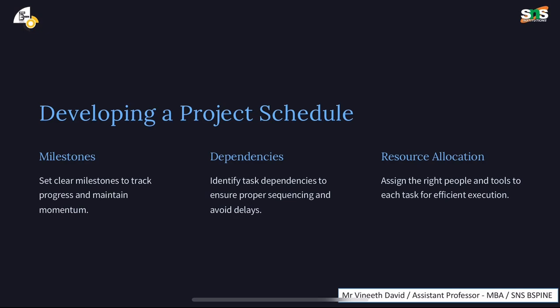So, developing a project schedule. We should fix clear milestones for our projects. So we should set milestone 1, milestone 2, milestone 3 for our project, so that we can easily identify how many stages we have crossed in this project, and how much of the task has been completed. And dependencies: identify the task dependencies to ensure a proper sequence and avoid delay.